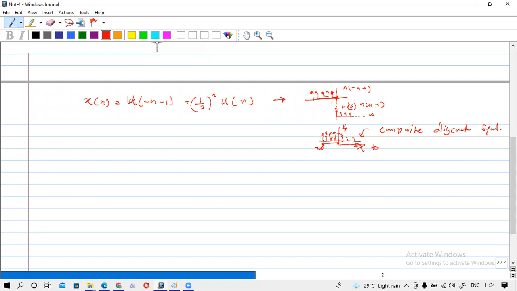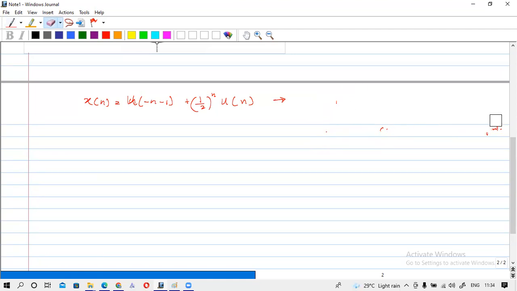So I am not going to do that. Clear why I am not going to do that? If you find the composite signal and try to find the Z transform, it is somewhat difficult, so I will not use that method.